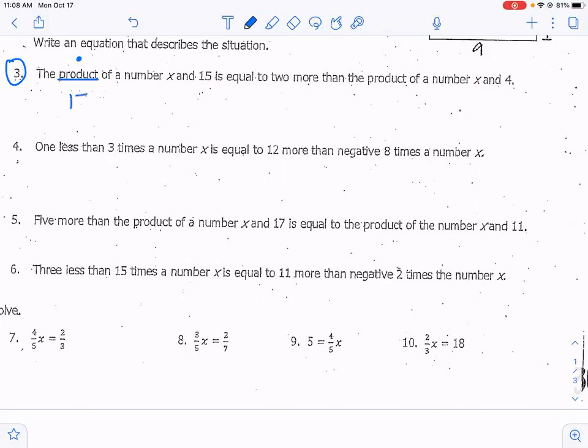Okay, so I'm gonna write 15 times X. Is that dot in between really necessary? No, we can write it just as 15X, and that means the product, okay? Then we have, okay, so I've used X and 15, is equal to. So that means like an equal sign, right? Okay.